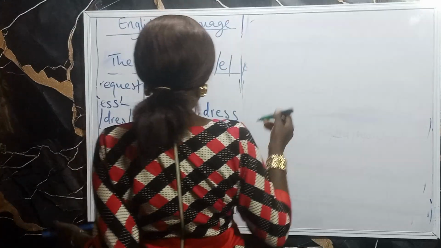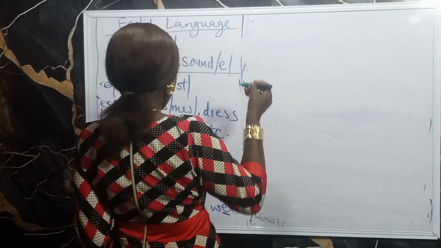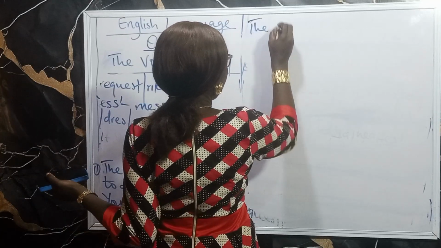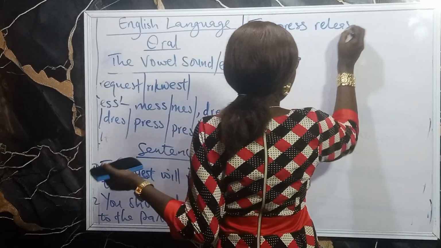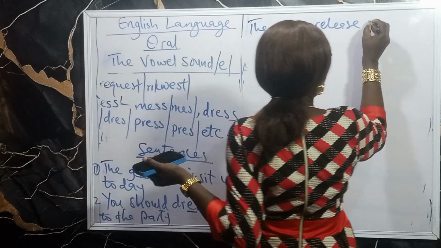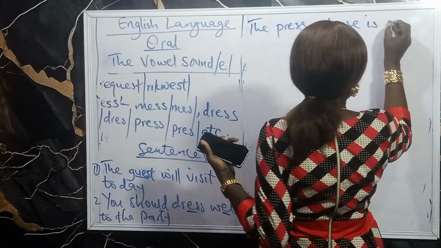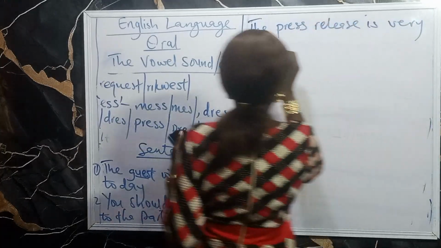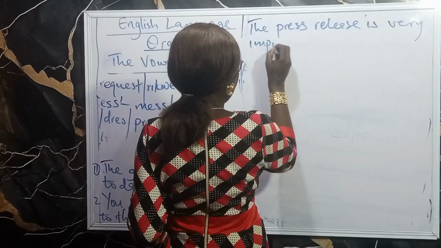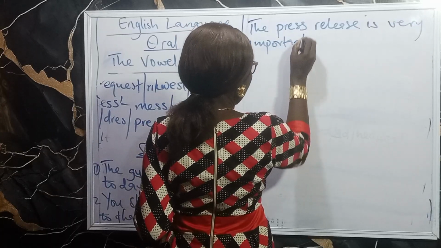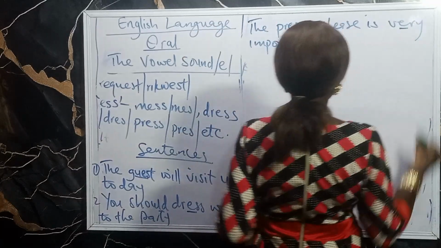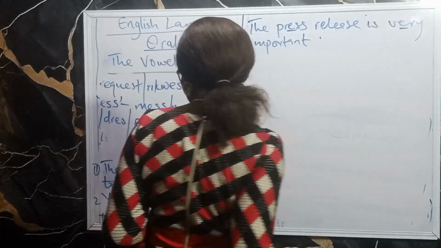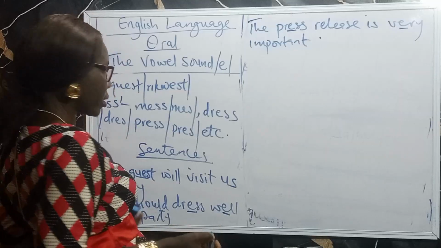Okay, let's also look at other ones. The press release is very important. So press, and then we see it in very. Okay, we have 3 sentences already.